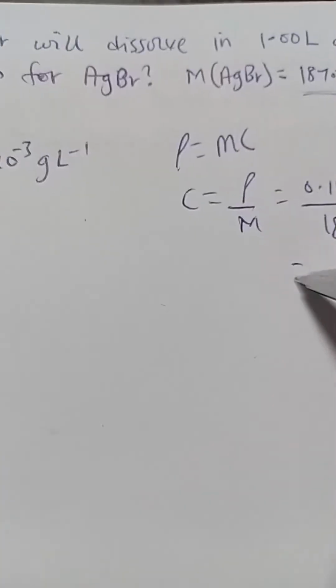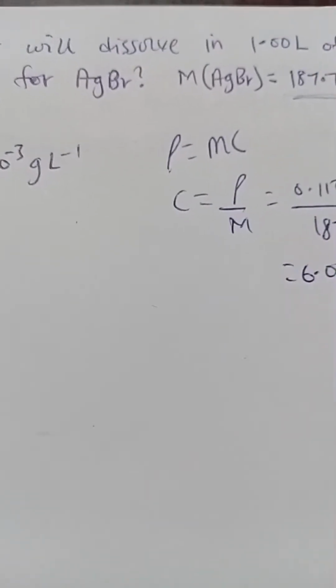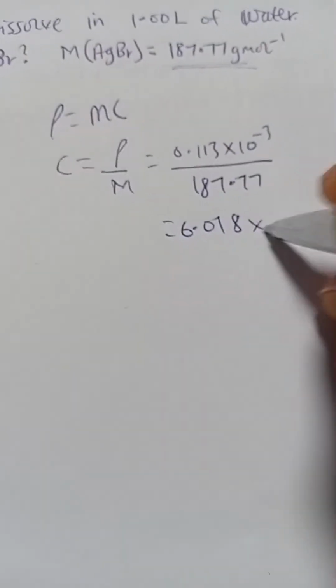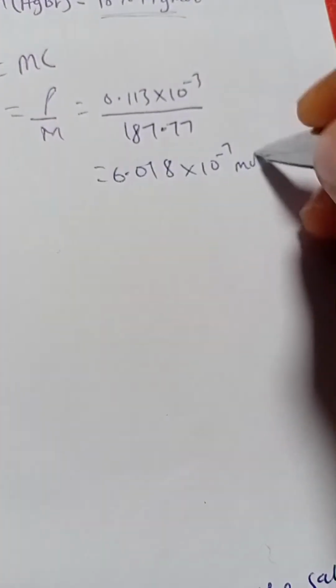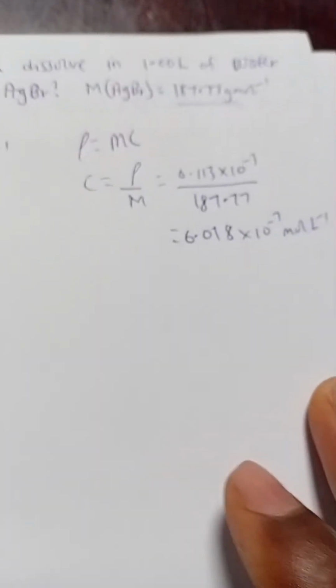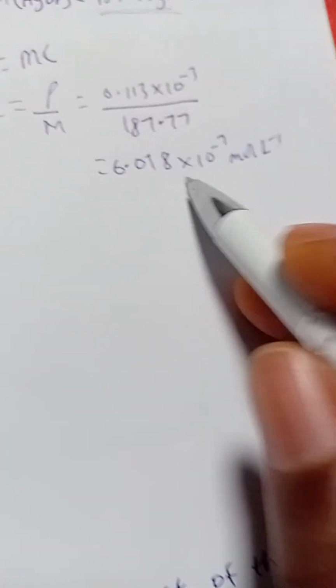So this is going to give us 6.018 by 10 to the power minus 7 mole per liter or molar. So we have our concentration in mole per liter. So that is going to be our solubility.